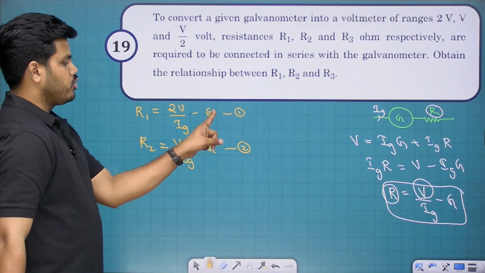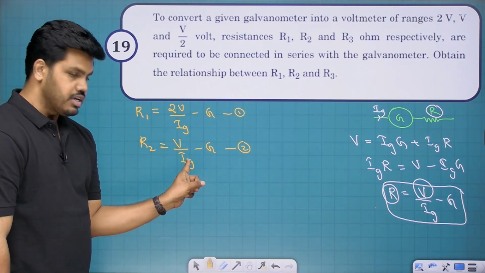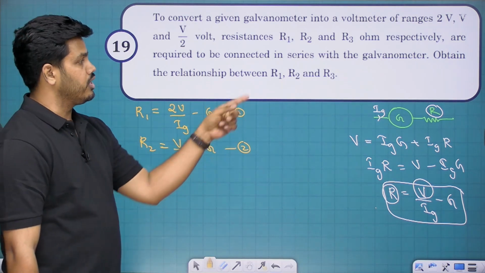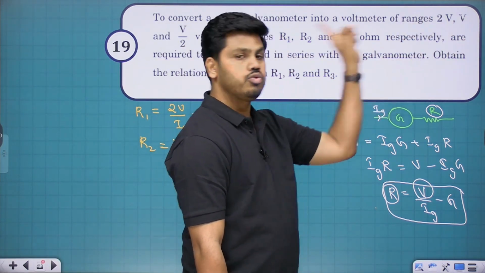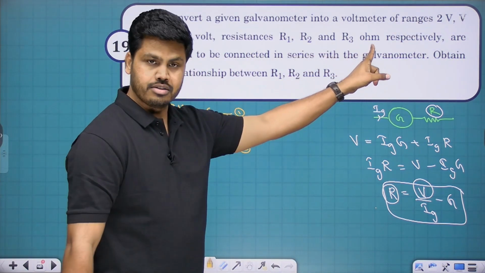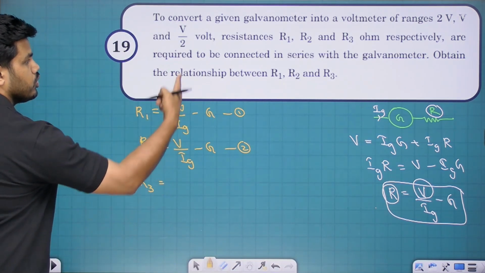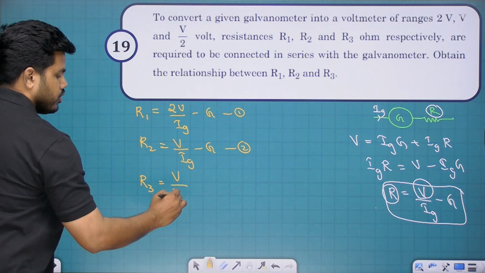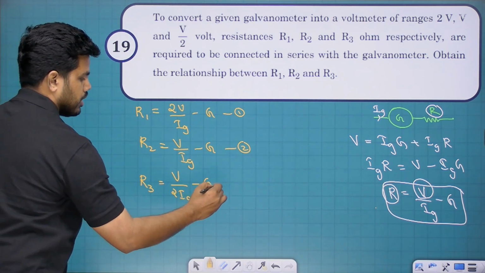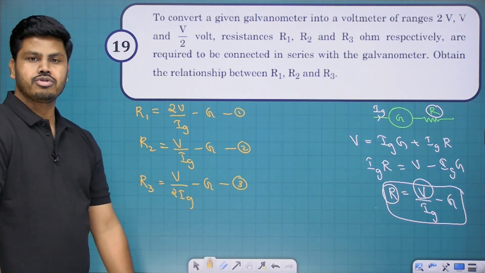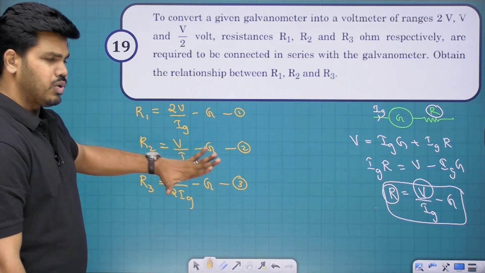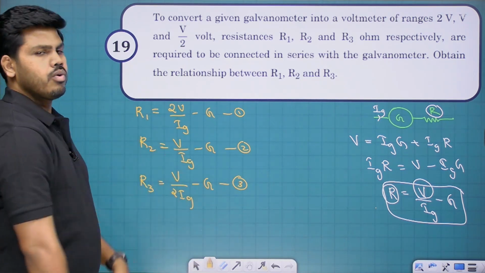Equation number 2. See, there is no change in G. There is no change in Ig. Only the range changes, from 2V to V, V to V by 2, by changing the resistances. Okay. Now, equation number 3. R3 is equal to, at that time the range is V by 2, so V by 2 Ig minus G. That is equation number 3. Okay. Somehow we have to relate these quantities.